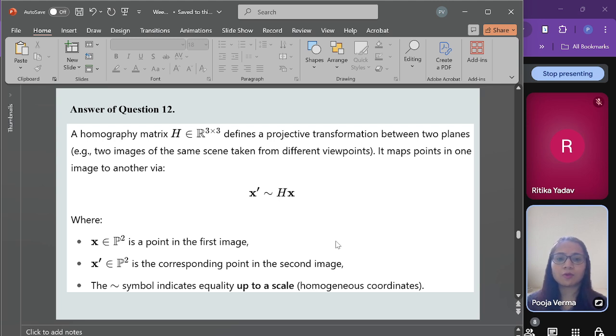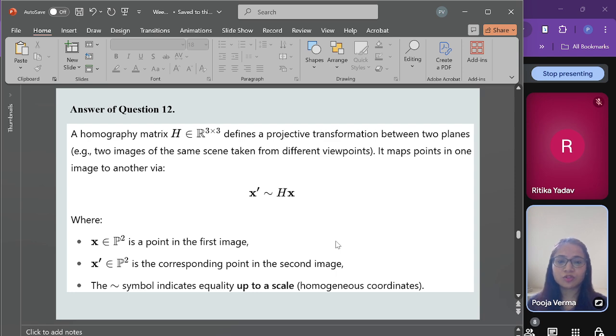It maps points in one image to another by the equation x prime is equal to H of x, up to scale, where x is a point in the first image and x prime is the corresponding point in the second image, and the symbol indicates equality up to scale.